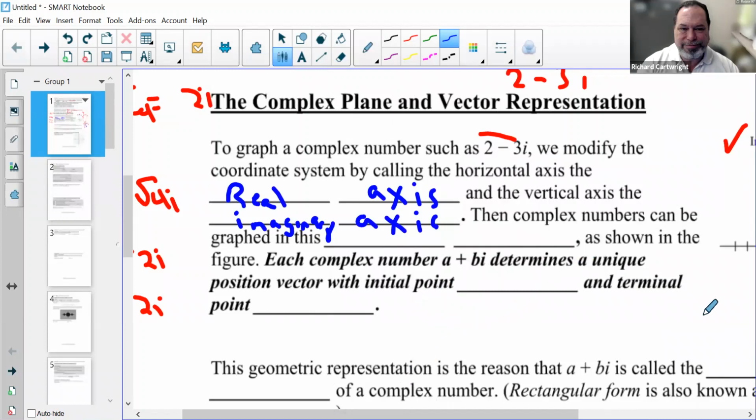The complex numbers can be graphed in this. Not really sure what he's calling that. Well, I think the author was thinking it would be called unique position.